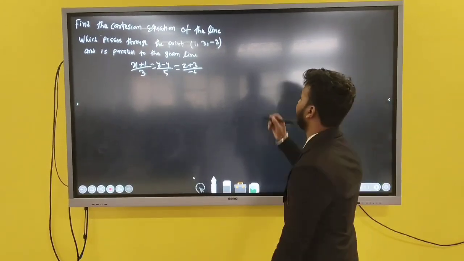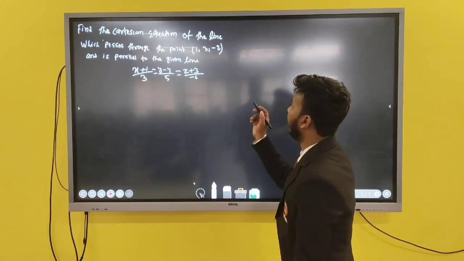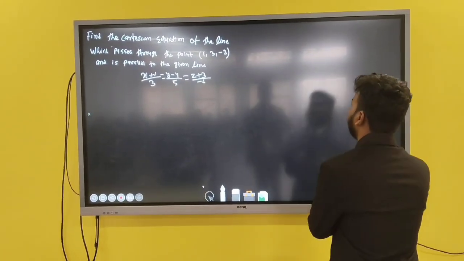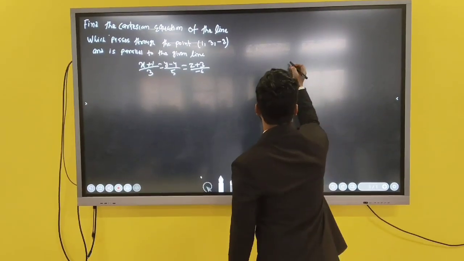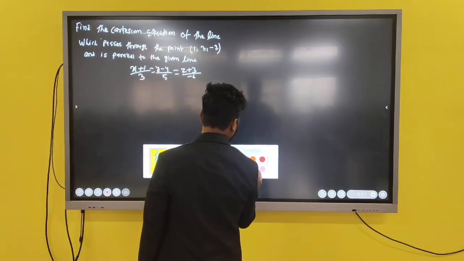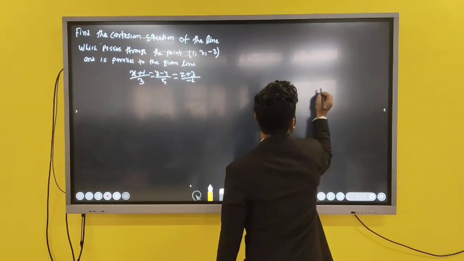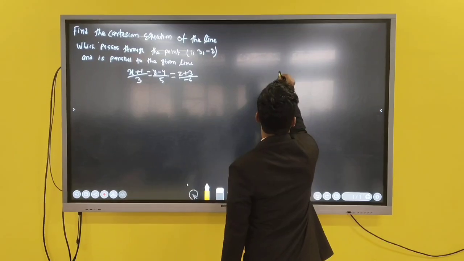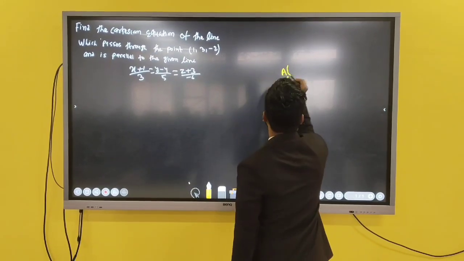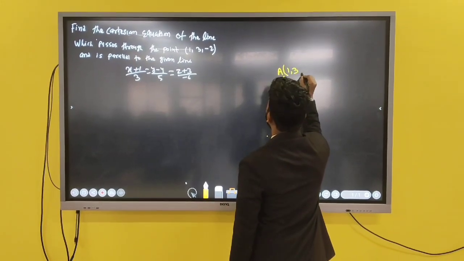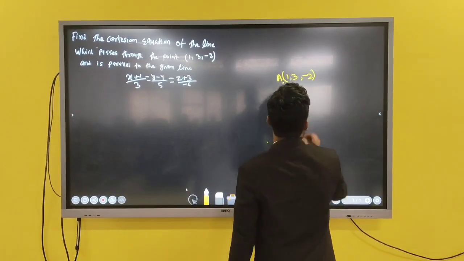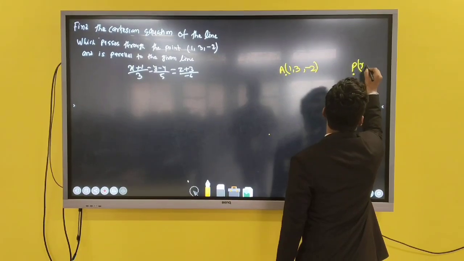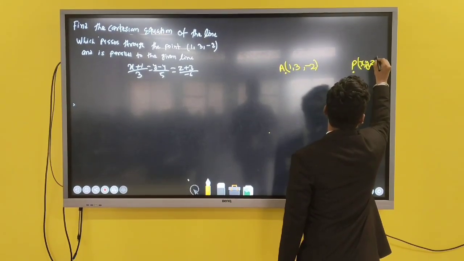So here we can see that a point is given and a line parallel to that line is given. Let's draw the figure for clarity. Let's say this is the point A which is given, (1, 3, -2), and this is a general point P (x, y, z).